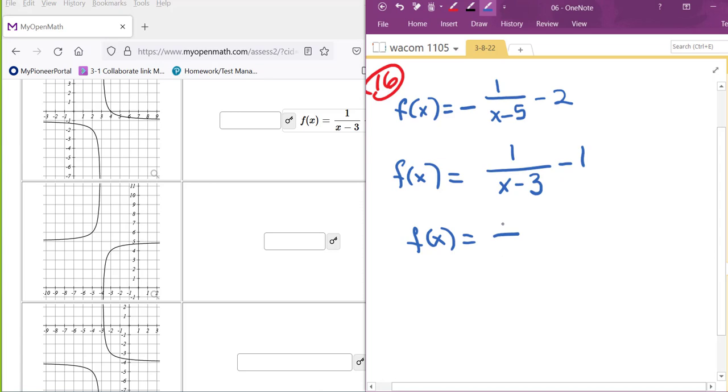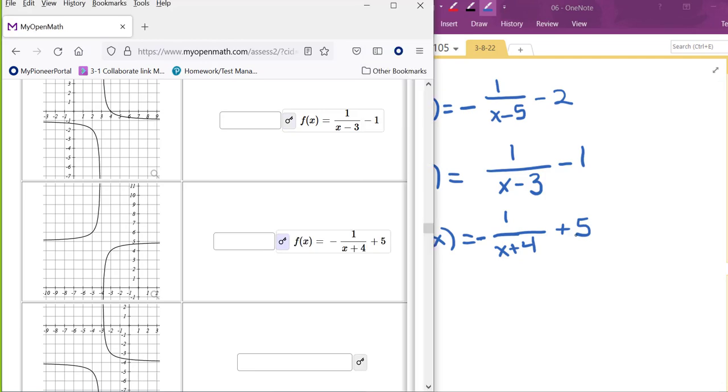So this would be 1 over, and we said this one has flipped, so we need a negative in front. 1 over x plus 4 would make it move to the left. And this one has moved up. 5 is your horizontal asymptote, so it's moved up 5 units. So a plus 5 at the end. So we're good there.